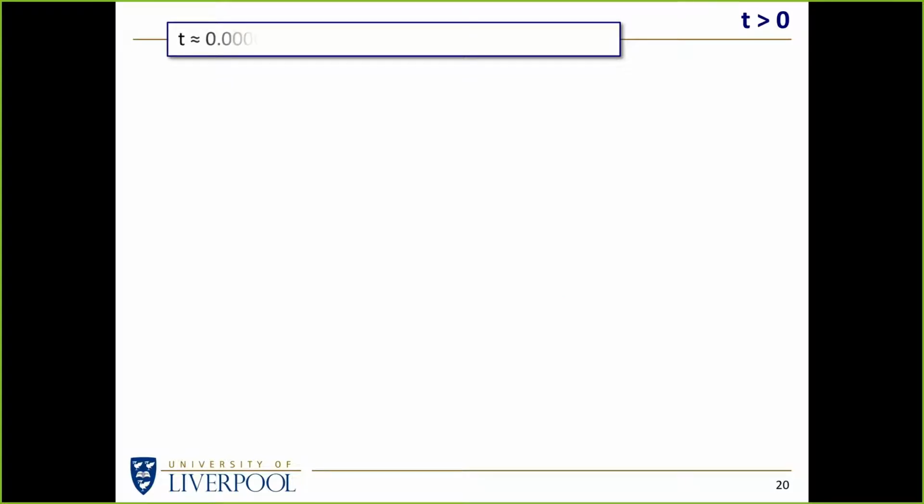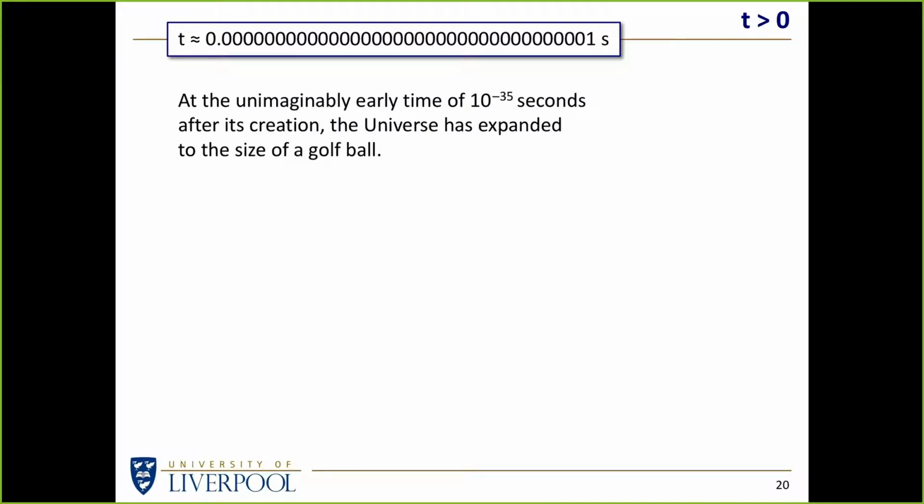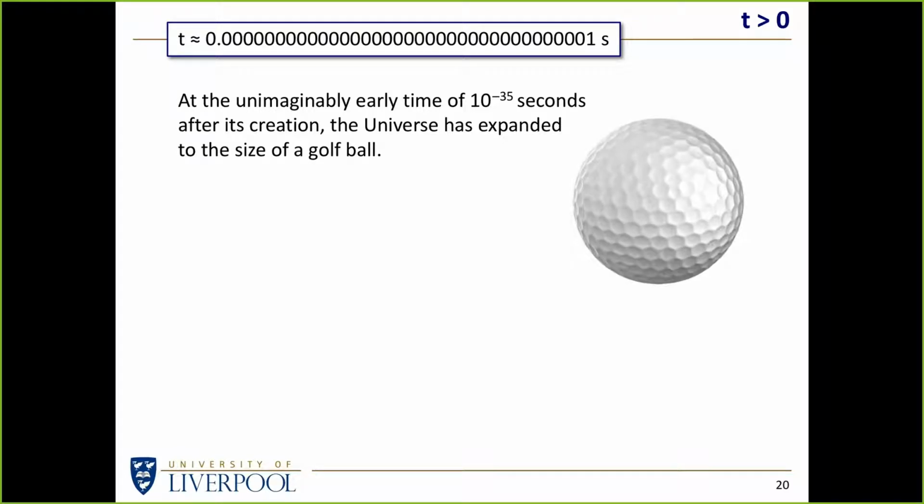Let's move on, and we're now going to move on to a time period with that many zeros in it. So that is 10 to the minus 35 seconds, an unimaginably early point of the universe. At this point, the universe has now expanded until it's about the size of a golf ball.